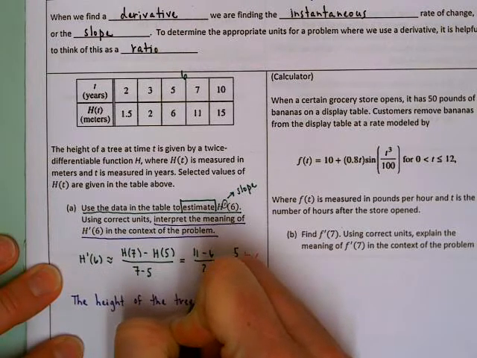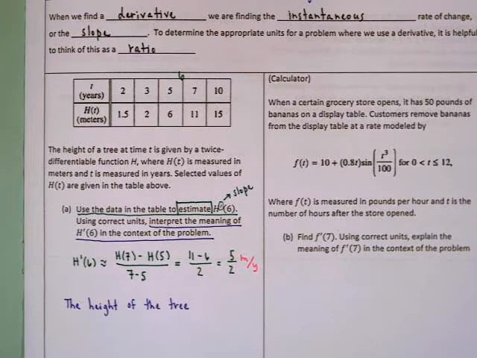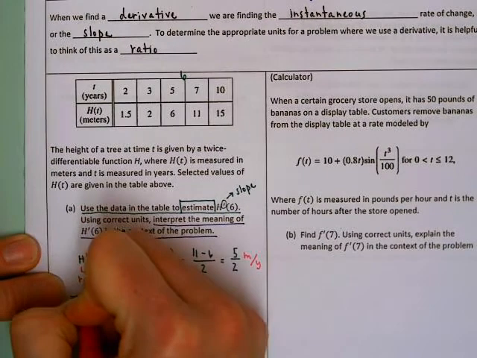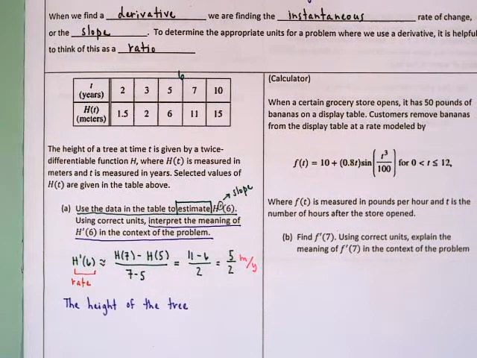Well, let's see what we know. We know this derivative is giving us a rate. The derivative is telling us about a rate. So it's the rate at which that tree is growing.